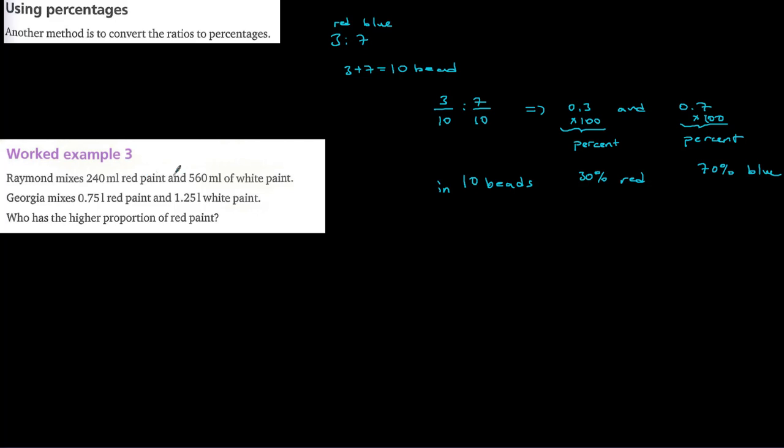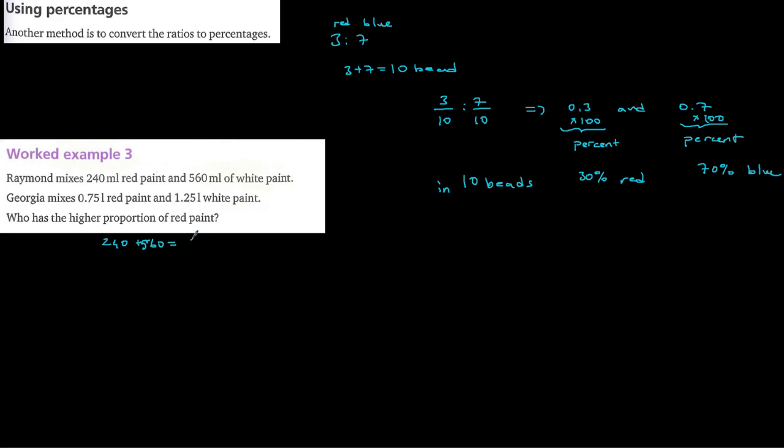Raymond mixes 240 milliliters of red paint with 560 milliliters of white paint, and let's find the mixture's ratio. Firstly, if we add 240 to 560, we will get the total amount of the mixture, which is equal to 240 plus 560.